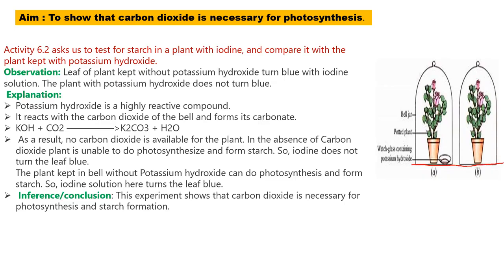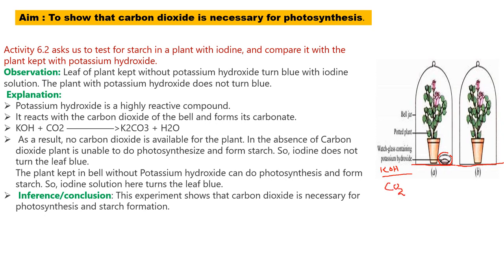In one bell jar, as you can see, there is a dish over here. We have taken KOH, potassium hydroxide, and you can also take NaOH here, because this KOH or NaOH will absorb carbon dioxide. The complete reaction, I think it's given over here.